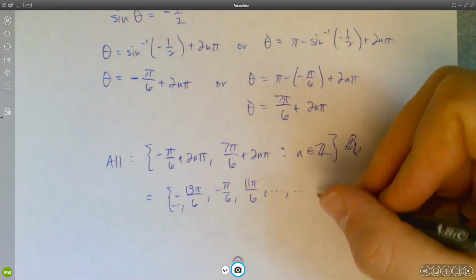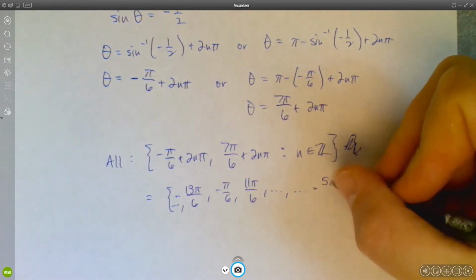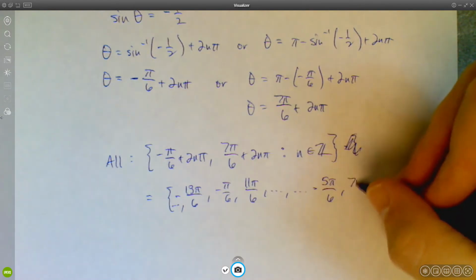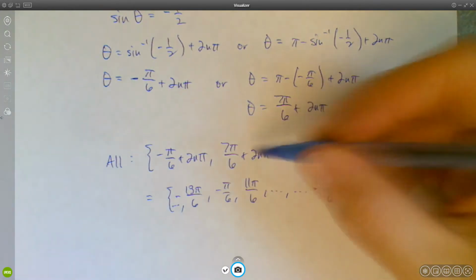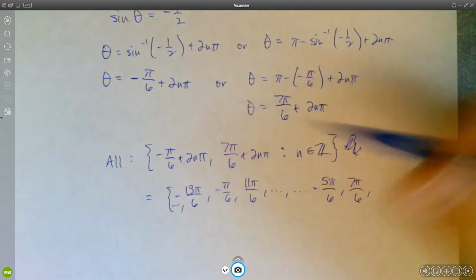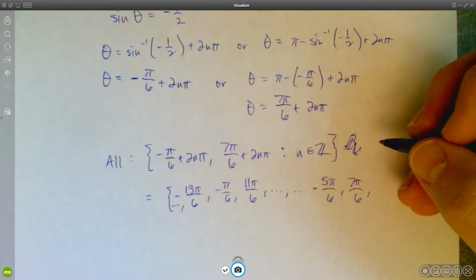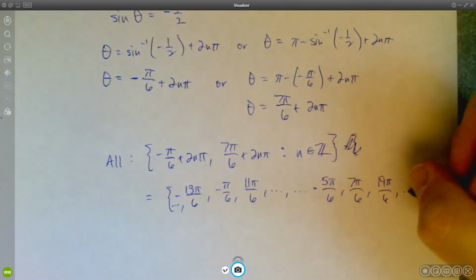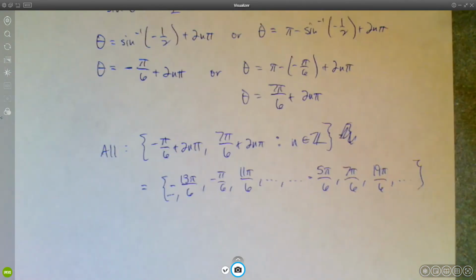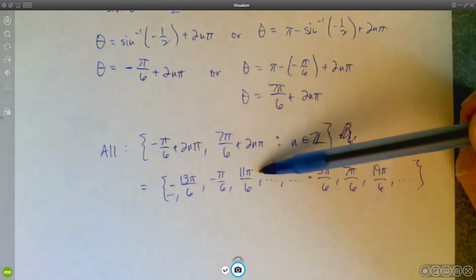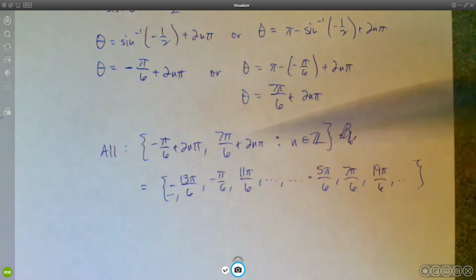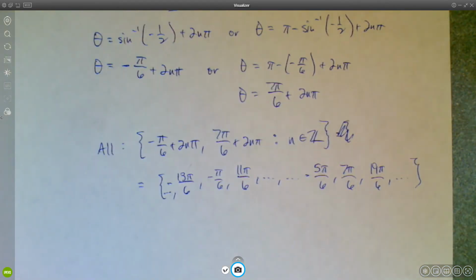Sorry, -5pi/6 is what I meant. Then if I plug in 0 for n, I'm going to get 7pi/6. And if I plug in 1 for n, 12 plus 7 is 19, so I get 19pi/6, and so forth. So I get one set of infinitely many solutions generated from this rule, and another set of infinitely many solutions generated from this other rule. And that's all of my solutions.